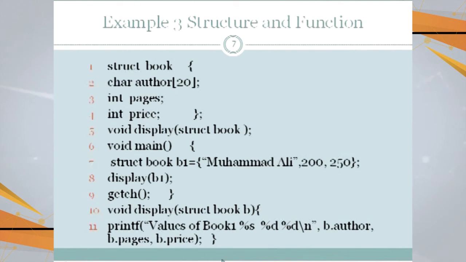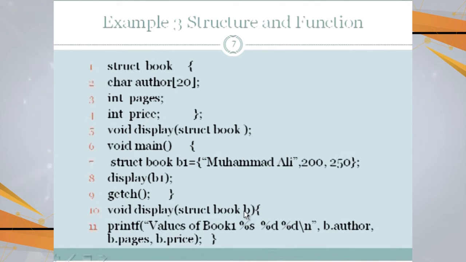Then we have called the display function at line number 8. The function is called with the argument b1, and we know that b1 is a structure variable. You studied earlier that you can initialize one structure variable with another structure variable. So here all the elements of b will be initialized to the elements of b1.